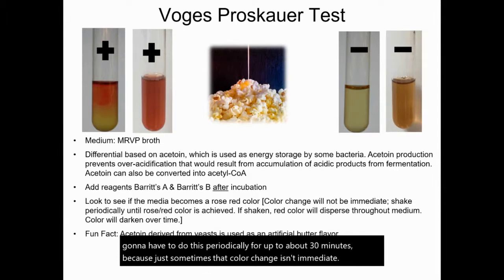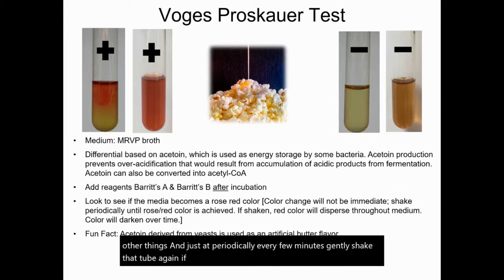So you'll add the Barritt's A and B, gently shake it, and then set the tube off to the side and keep working on other things. Every few minutes, gently shake that tube again. If you eventually get a red color dispersed throughout the media, then that's a positive result.